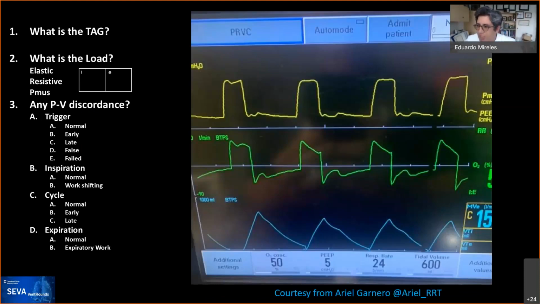This is a classic image in mechanical ventilation, so I'm going to open the poll, and you'll now be able to answer what you see on this image. Whatever you think, have no fear, and you have 3 minutes to answer this.